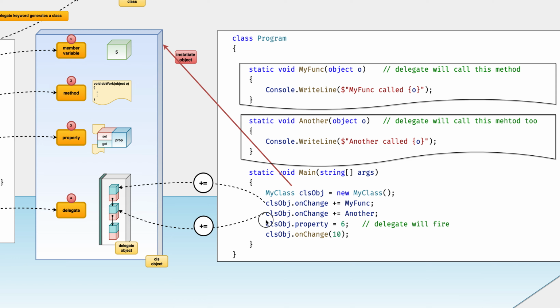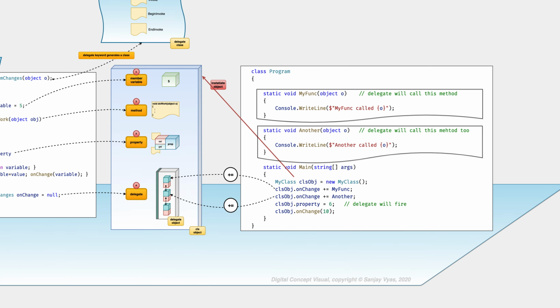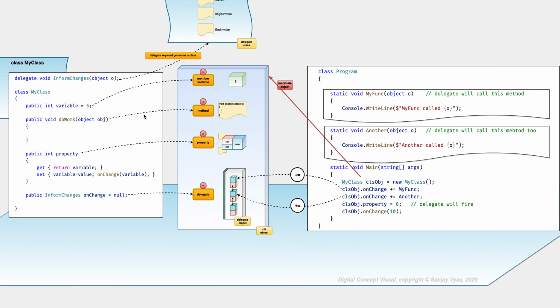Next, we are going to set a property, and let's see the chain of events that happens. So when we set this property, a call will go from the client into the object here. So this is the property which would be set. As we can see, apart from changing the variable, we are also firing the delegate.